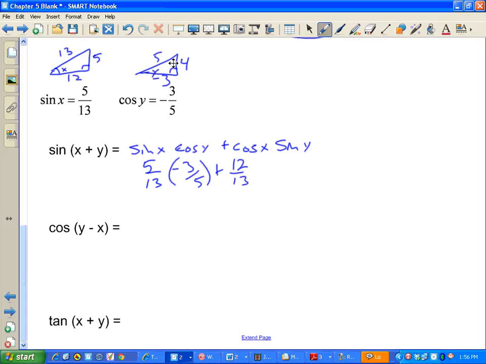Sine of y would be 4/5. And then we can finish the problem. Just combining what we've already been doing, making right triangles and things like that, with a new formula. So this would be negative 15 over 65 plus 48 over 65. So this would be 33 over 65.